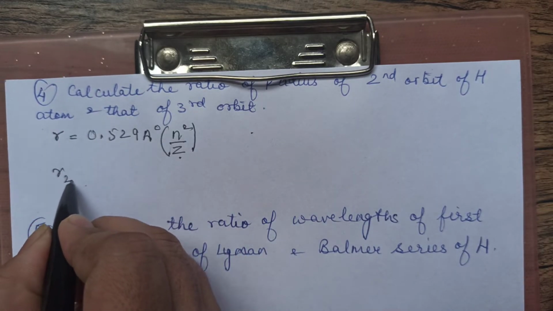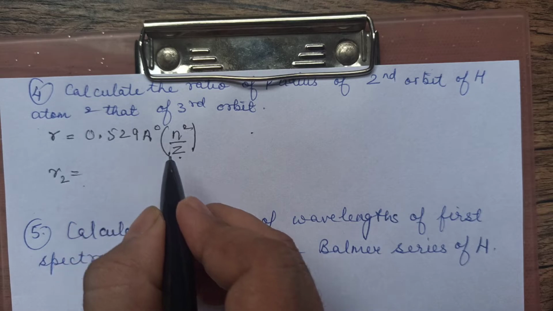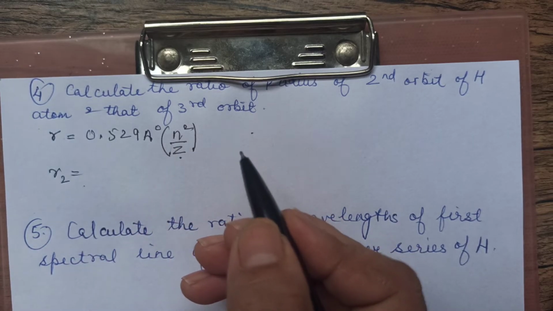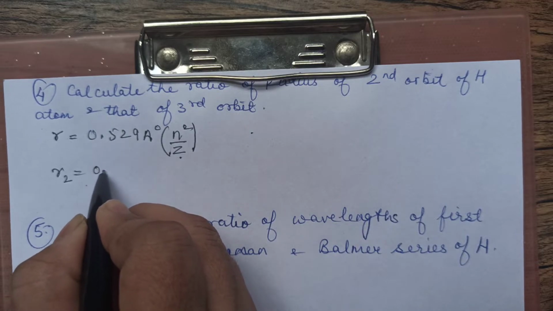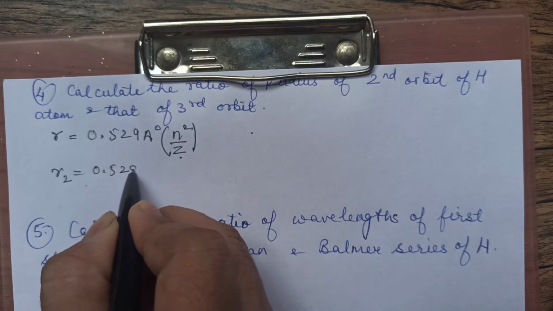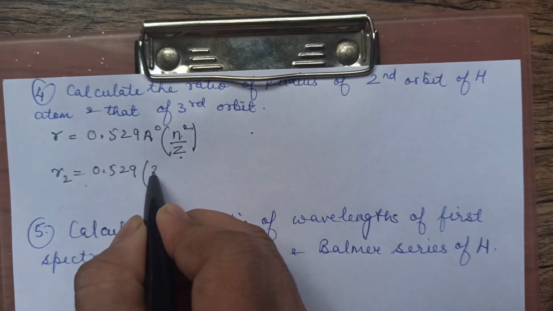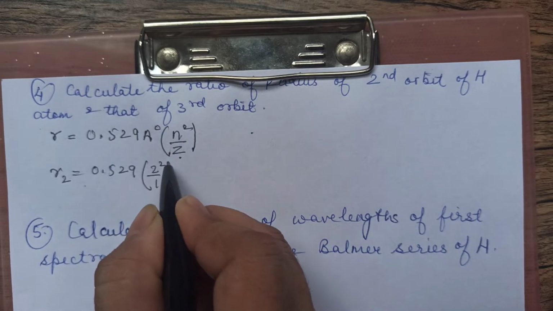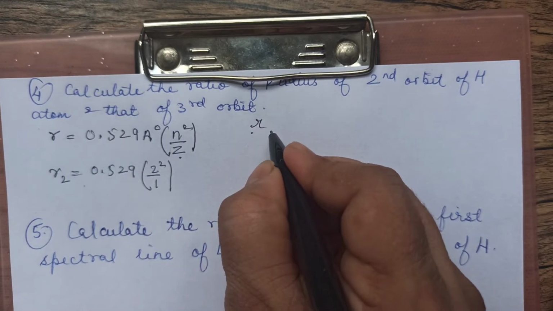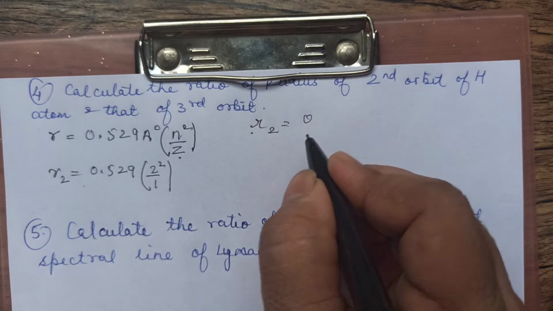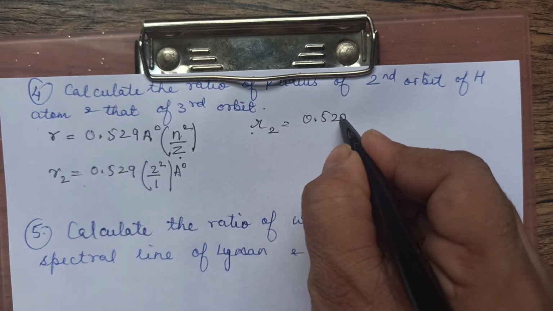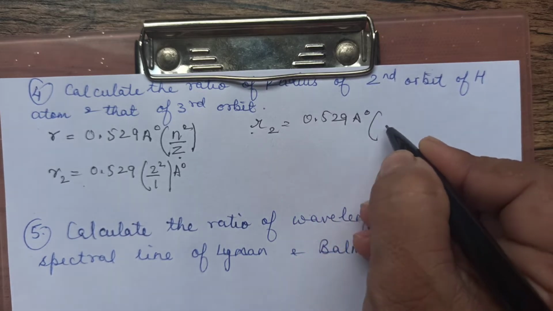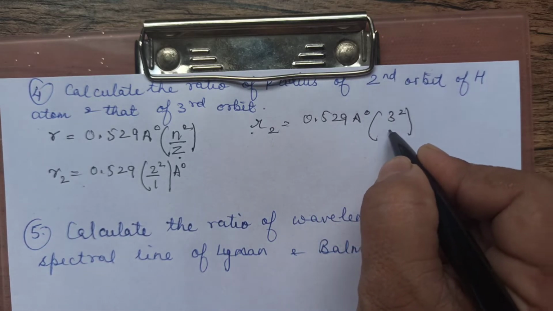Let me write like this. I am not writing this part because it will be common for both. Even if I write it, it is going to get neglected. This into 2 square by 1 I am getting. If I write for the third one, I am getting, this is in angstrom unit, 0.529 angstrom unit into 3 square by 1.